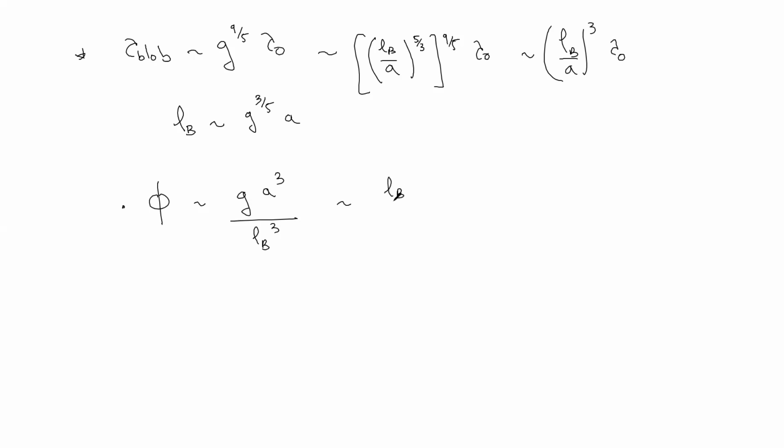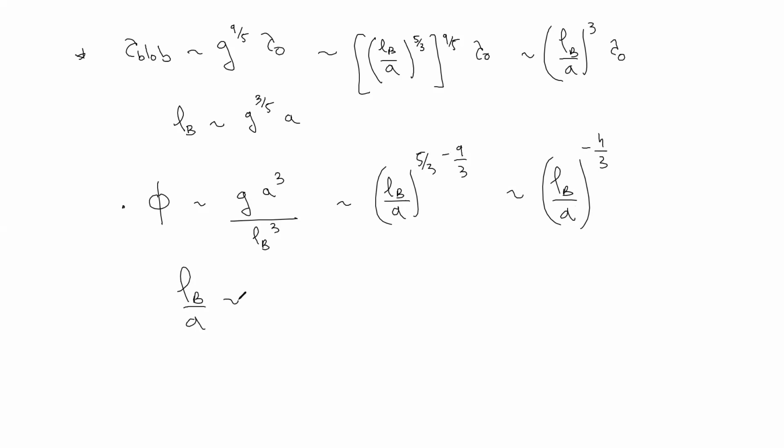So it's L_B over a to the 5/3 minus power 3, which is minus 9/3. So it's L_B over a. And this is exactly what we did previously for the static blob. So I go pretty fast here. My point is just to recover rapidly the fact that this is related to the density, in fact. Okay. So I can now plug that quantity here, and I end up with 9/4.